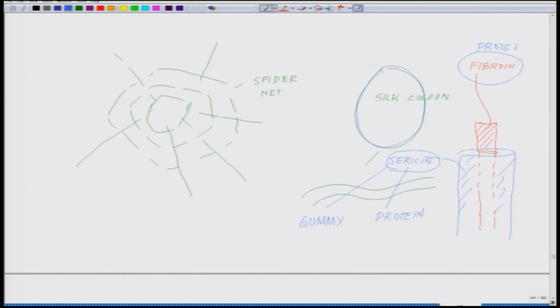It is a very compact structure, whereas in the spider net, these threads are fibroin, the same fibroin with of course a different sequence of the proteins, but the spider net lacks this particular component, the sericin part. So, this is minus sericin, and that is why you see the spider net to be spread out.